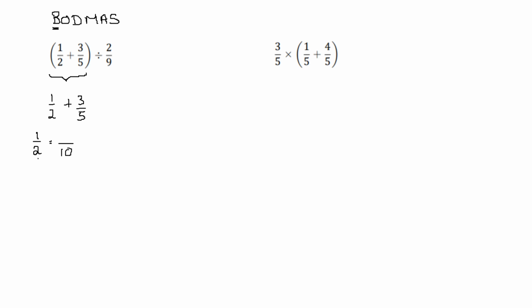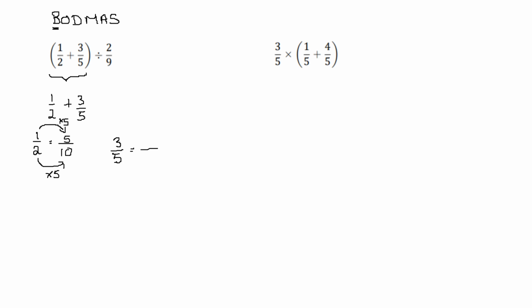Let's deal with a half first. I'm going to multiply the bottom, the denominator, by 5, and then I'm going to multiply the numerator by the same, and that's going to give me 5/10. And then let's take our 3/5.